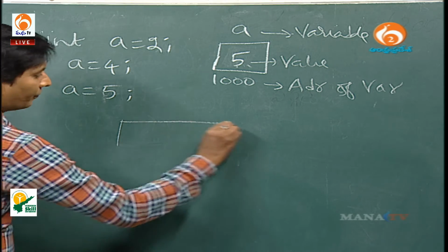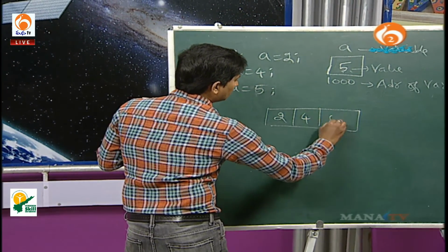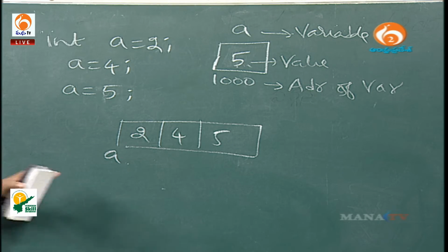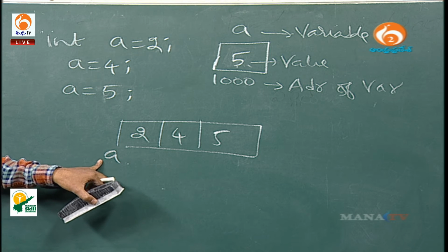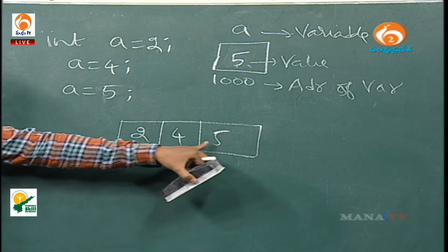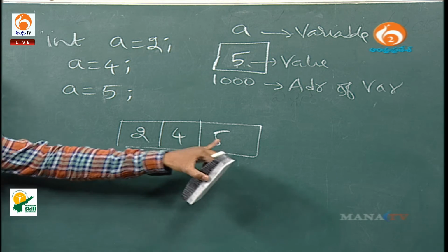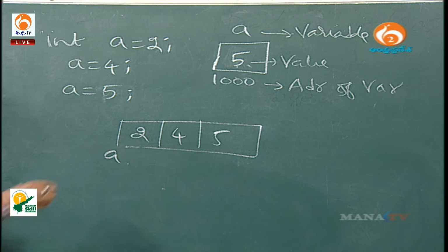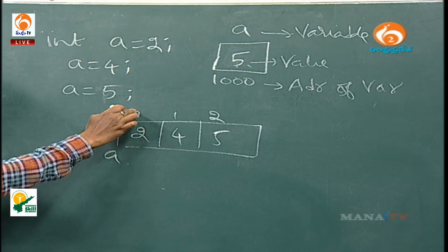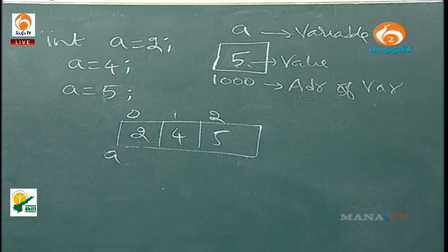We will store the old numbers as well as the new numbers. Here a is the array, and the values are its elements. The indexes are used to access them: a[0], a[1], a[2], like this, it becomes very simple.